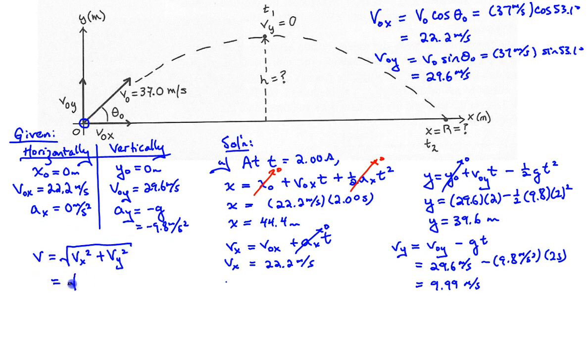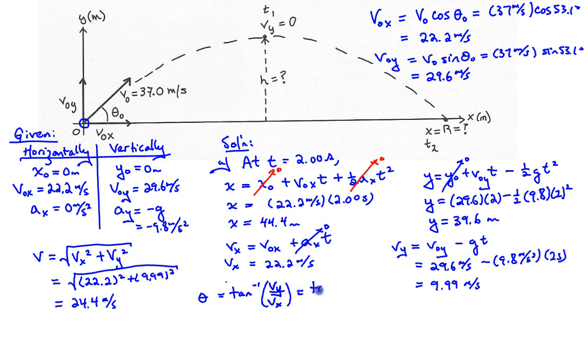So that is the square root of 22.2 squared plus 9.99 squared. And we'll get a velocity of 24.4 meters per second.